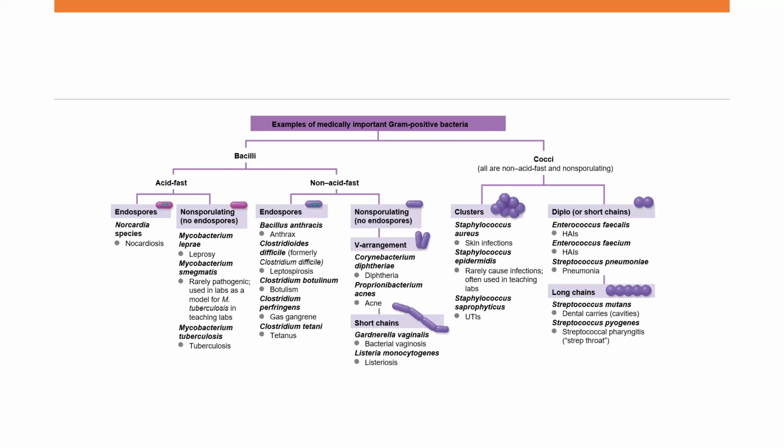Many of these you'll be at least somewhat familiar with, like Staph aureus, which is what causes a staph infection. And then we have things like Streptococcus pyogenes, which is what causes your strep throat. And then we've got our Clostridium tetani, which is tetanus. And then the mycobacteria, which includes Mycobacterium tuberculosis and leprae, which cause tuberculosis and leprosy, respectively.